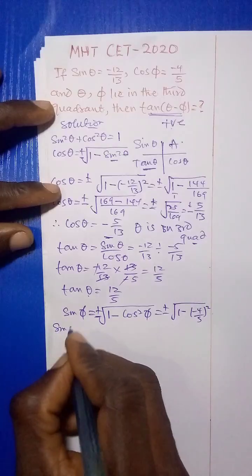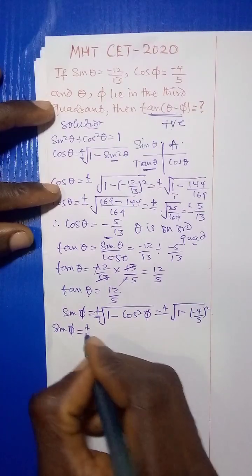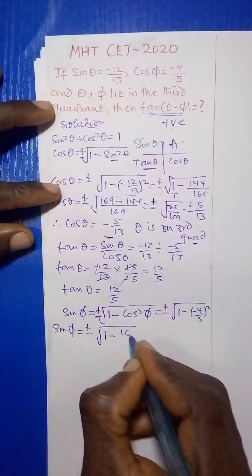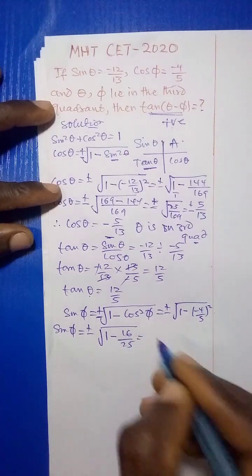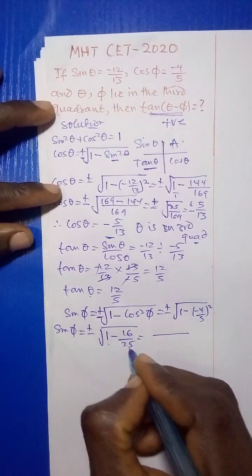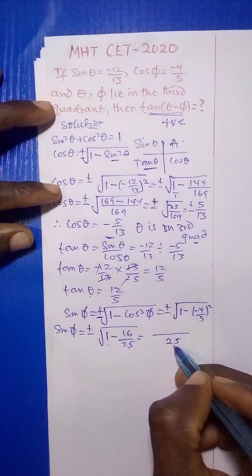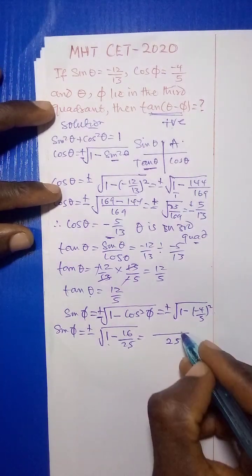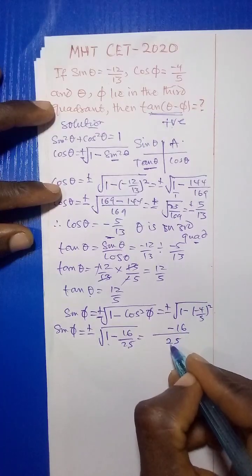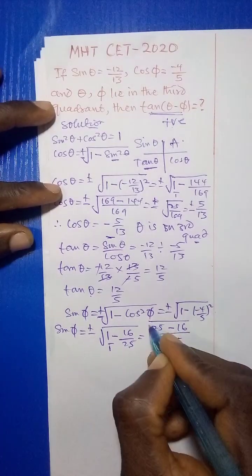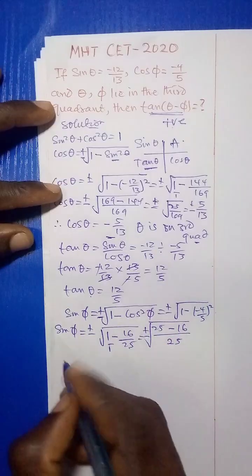So sine phi is equal to plus and minus the square root of 1 minus 16 over 25. Again, let us convert these two fractions to a single fraction. The LCM is 25. 25 divided by 25 is 1, 1 times 16 is 16. 25 divided by 1 is 25, times 1 is 25. Then we put our square root and plus and minus.